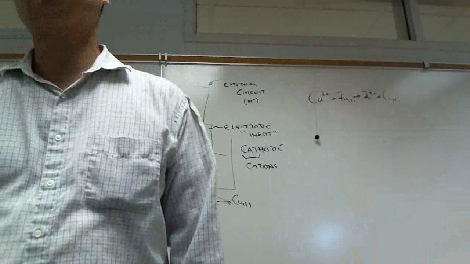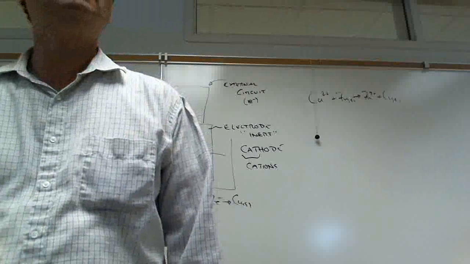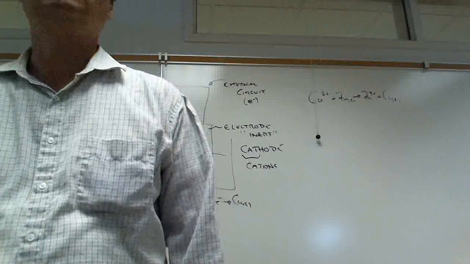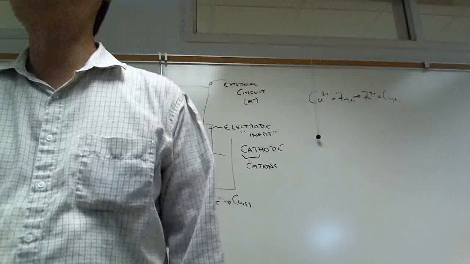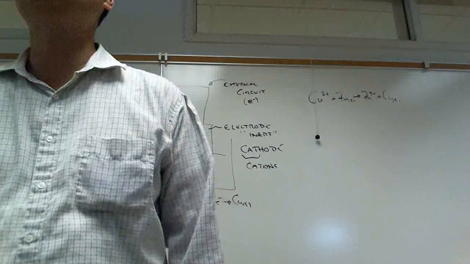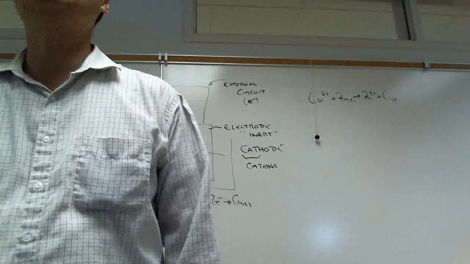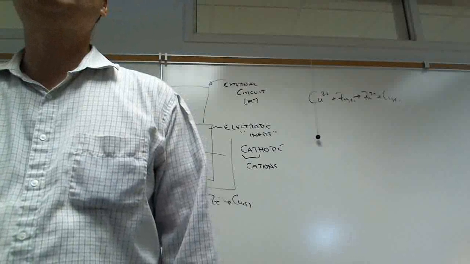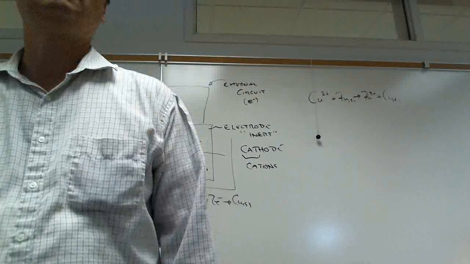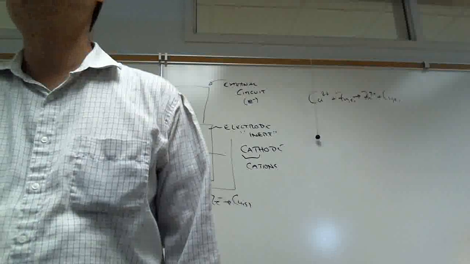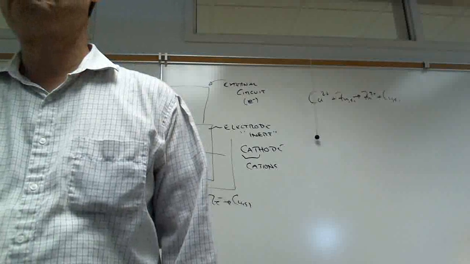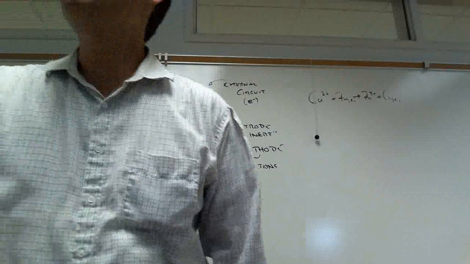The only reason you do it is so that you can generate a voltage that's the same as the voltage in tables that are generated under standard conditions. Does that make sense? But we wouldn't do this in practice, right?